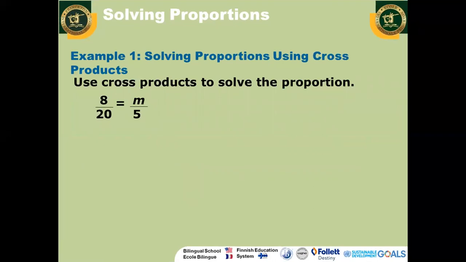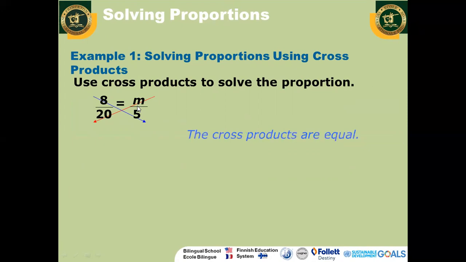Let's try some examples. If I have two ratios, 8 over 20 equals 2m over 5, and I want to get the value of m, then 5 times 8 equals m times 20.